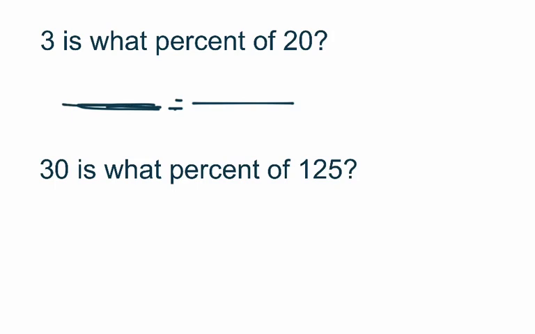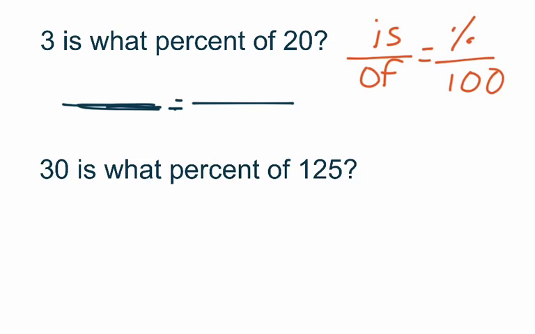So thinking about our is part of the whole equals percent over 100, I can start by putting in that 100 right here, and I always put it on the bottom right. Now, let's figure out what else goes where. Since we're trying to figure out the percent, is what percent, this is going to be our unknown. You can put your percent sign, you can put the N for unknown, you can put X, put anything there. I like to place something so I know what number I didn't know to start with.